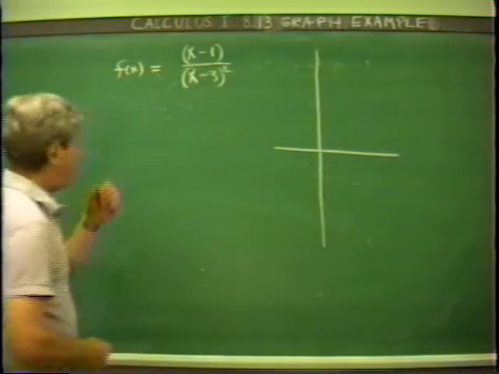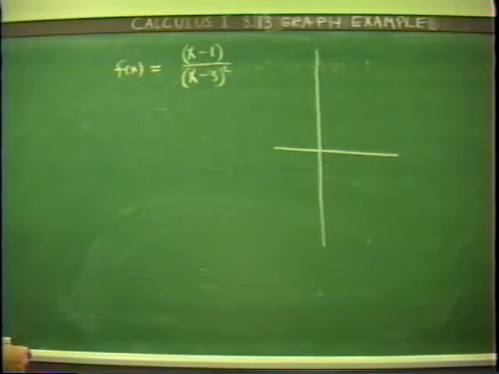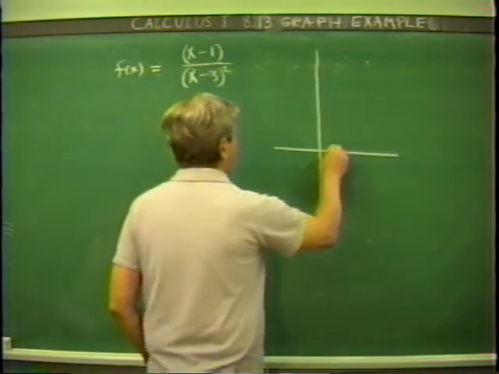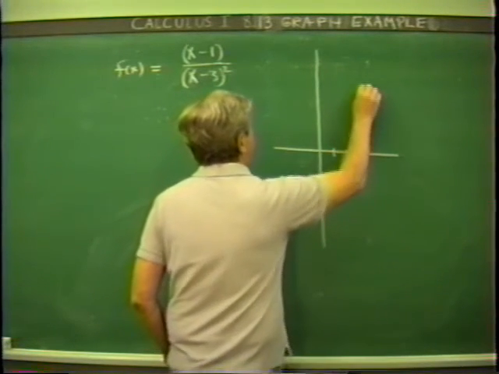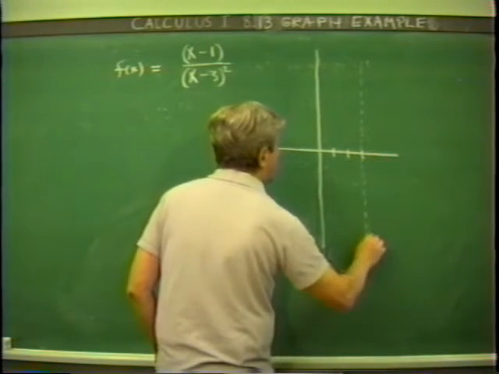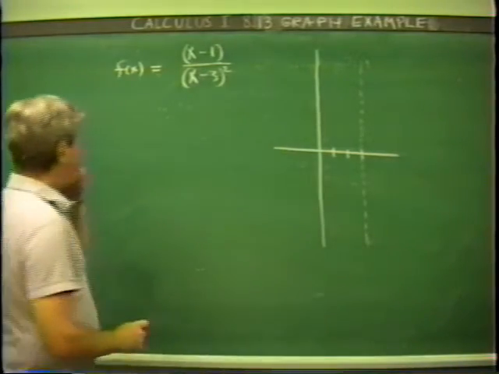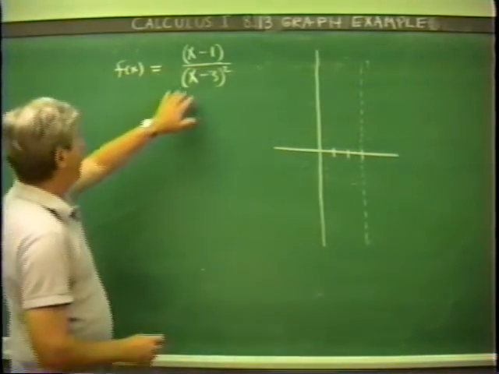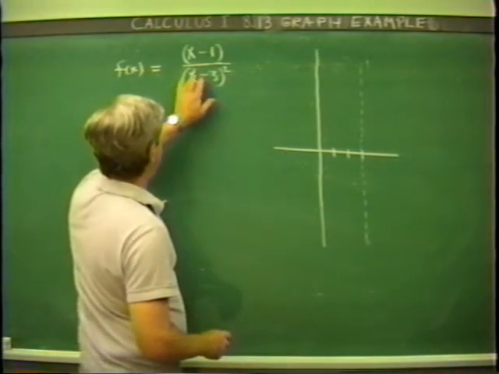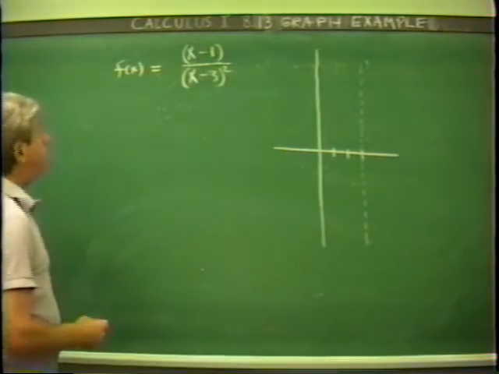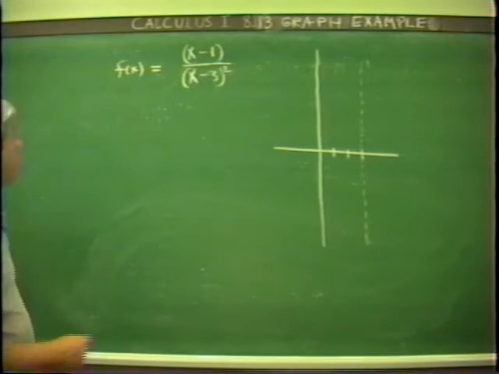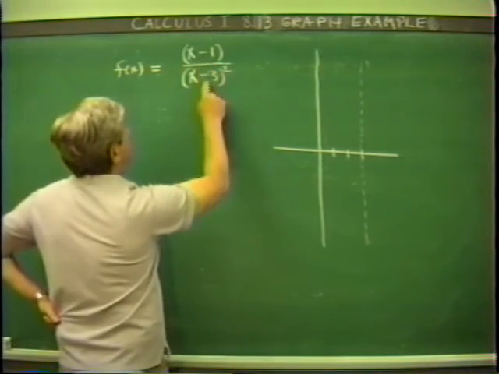Right? Then, if we're looking for the graph of this particular function, it's not defined when x is equal to 3. So we want to look at what happens near 3, as x approaches 3 from the right or from the left.